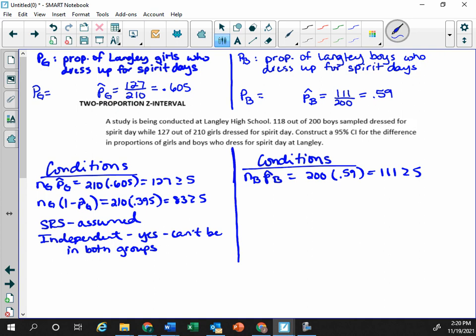And n sub b times 1 minus p hat sub b, 200 times 0.41 equals, what do we get there? 82. Also greater than or equal to 5. And then again, are you guys good? The random and independent conditions are essentially the same as the other side.